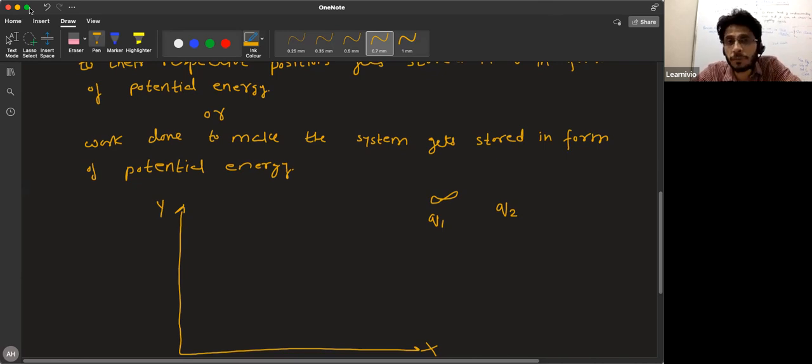They will make a system when they exert force over each other. If you have charges which don't interact, which don't exert force over each other, they don't make a system. They will make a system only if they interact. So if you have two charges at infinite separation, they don't interact with each other, so they don't make a system. To make a system out of them, you have to bring them from infinite separation to their respective positions.